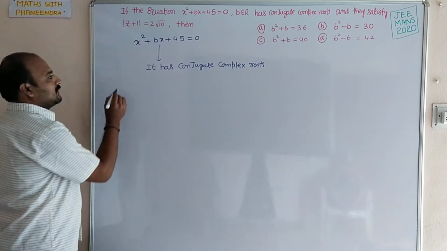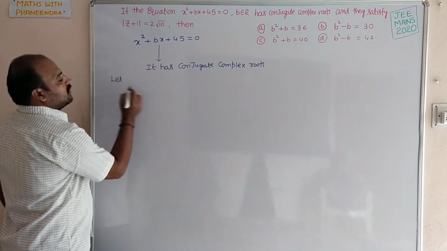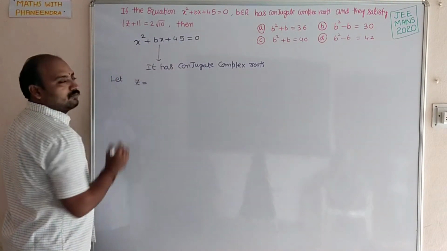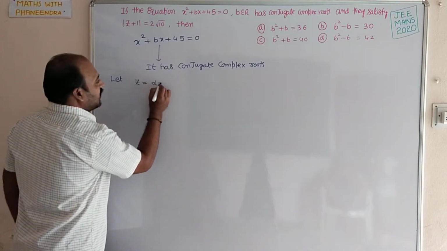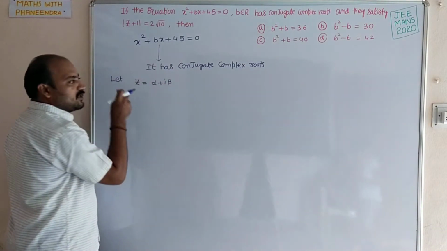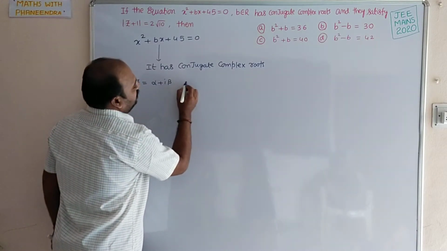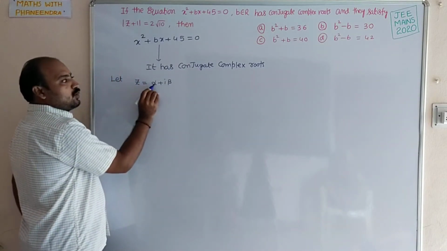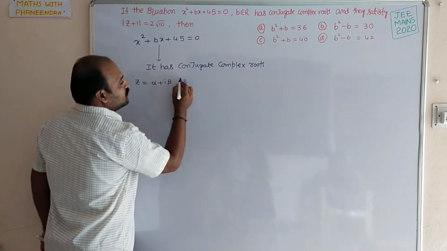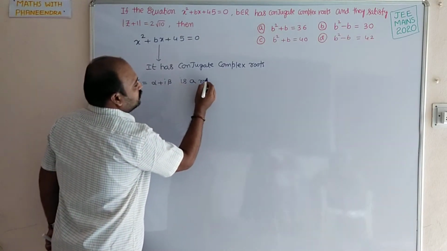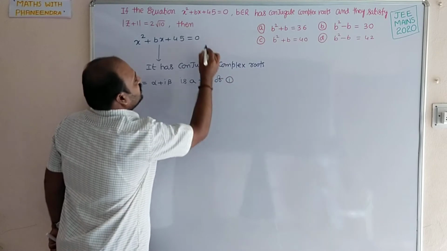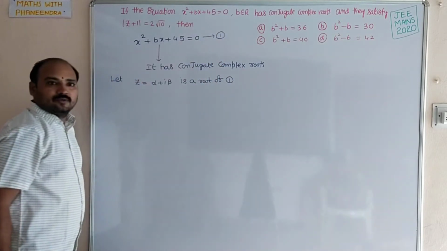So let us consider z is equal to alpha plus i beta is a root of equation 1. I am assuming that this is equation 1.